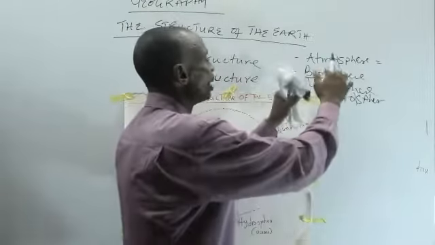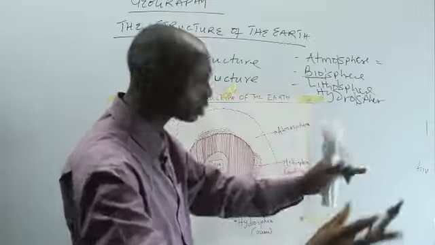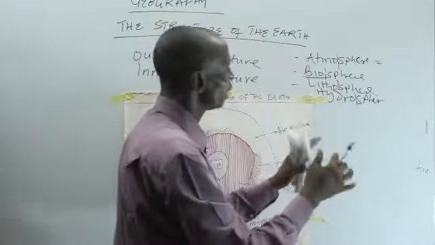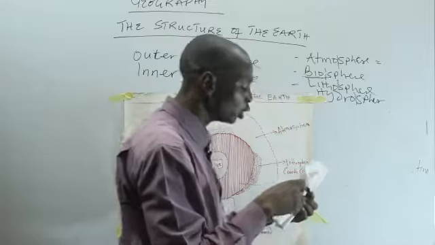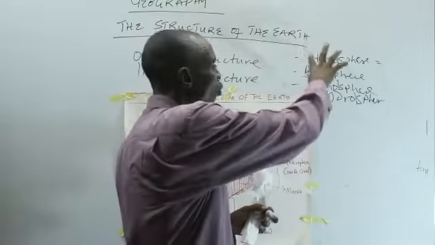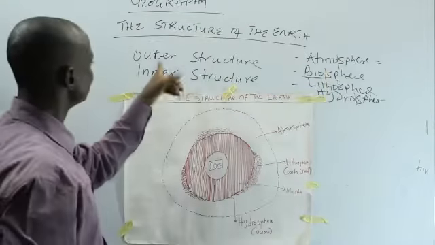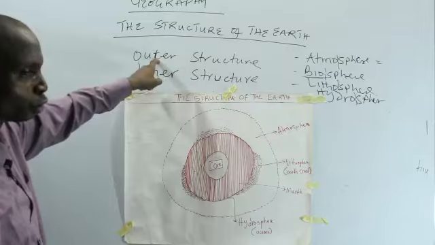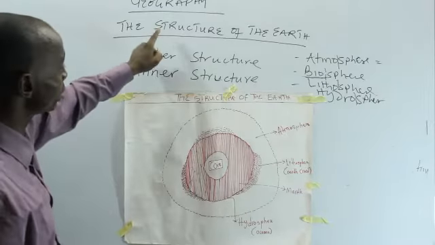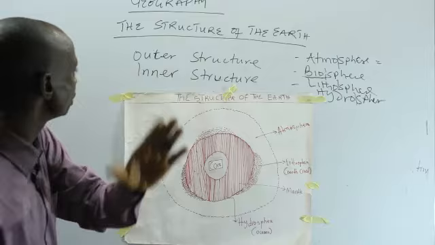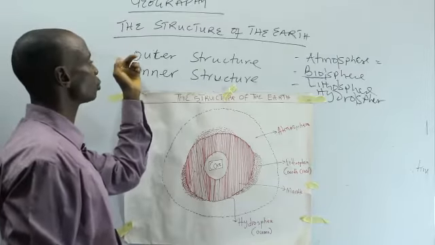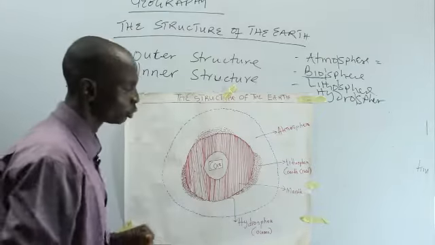The one occupied by solids like rocks and the rest, we call the lithosphere. While the one that is occupied by water, we call the hydrosphere. So these are the four spheres that make up the outer structure of the Earth. Remember, we are looking at the structure of the Earth, and we say the structure of the Earth is divided into two. Number one, the outer structure. Number two, the inner structure.